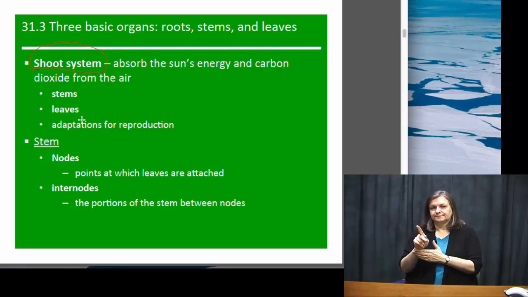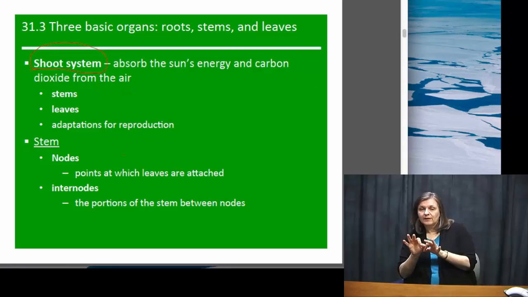So with this, we get basic structures. In our stems, the basic structures are just the points at which we attach leaves, known as nodes, and then the space in between. If we actually look at a plant structure in a minute, we can think about how those nodes and internodes come into play.